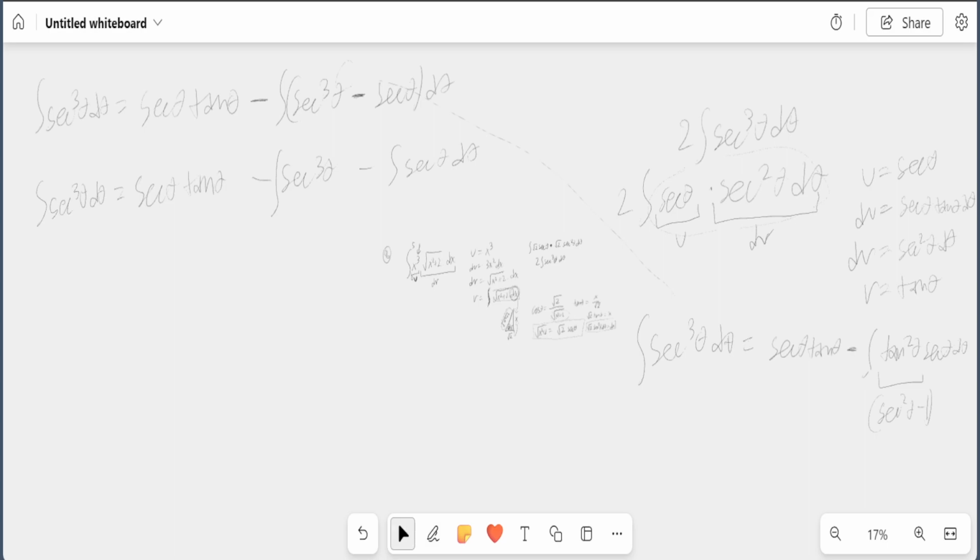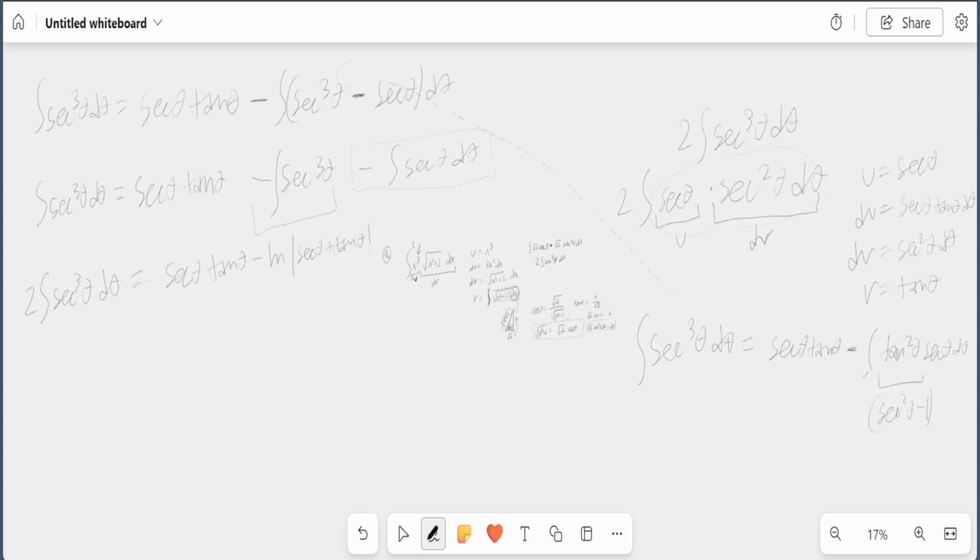At first you think, okay, we just got back to where we started, right? But we know that these two are equal. And so what we can do, this is now algebra actually. We just add it to the other side, and we get 2 secant cubed theta d theta is equal to secant theta tangent theta minus the integral of this, which is ln secant theta plus tangent theta.